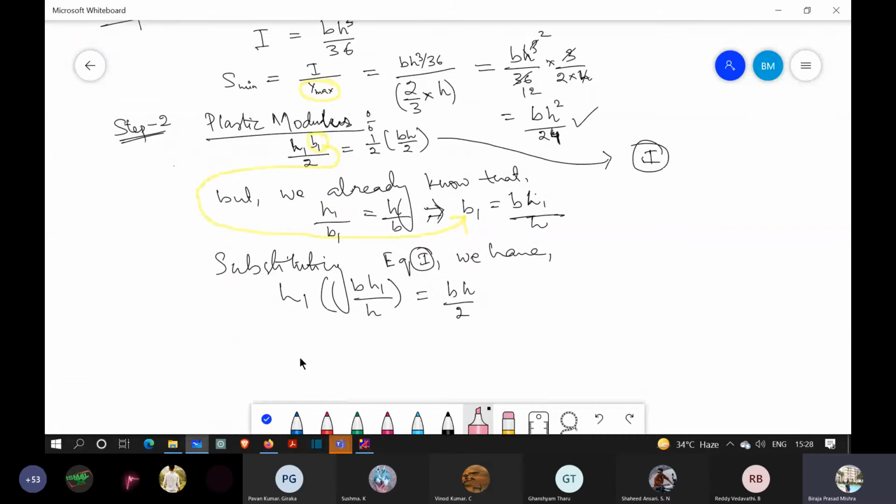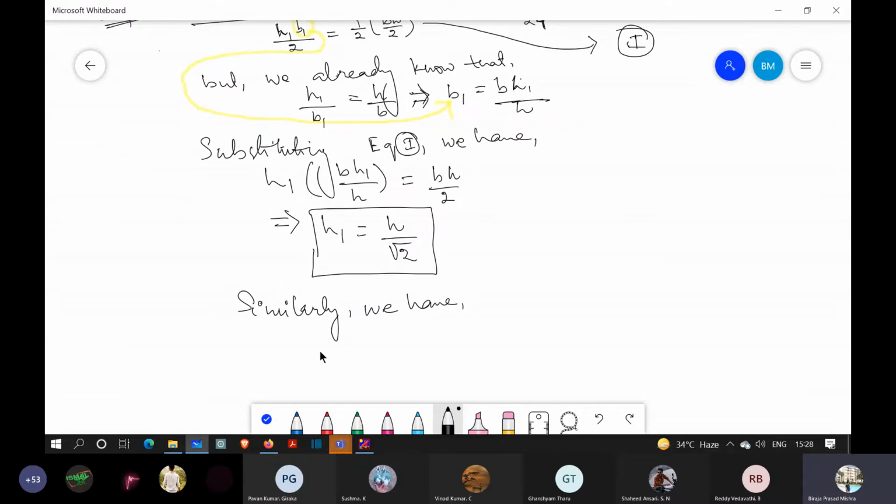H1 equals H divided by square root of 2. Similarly, we can have B1 equals B by root 2.